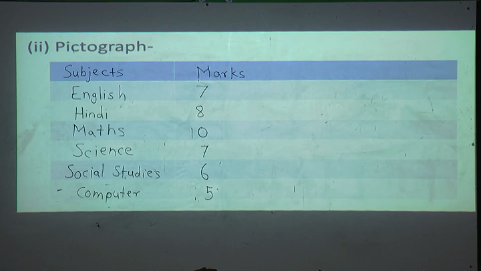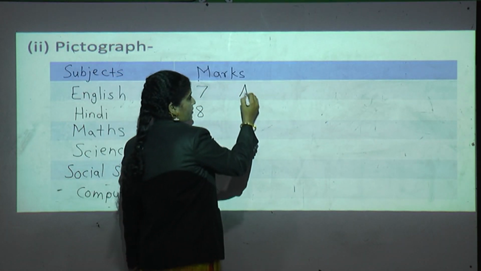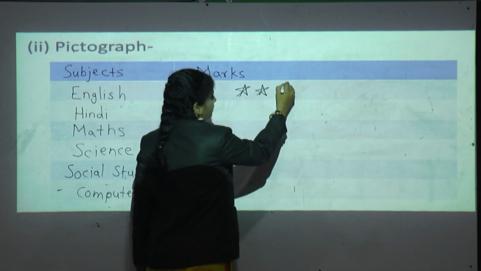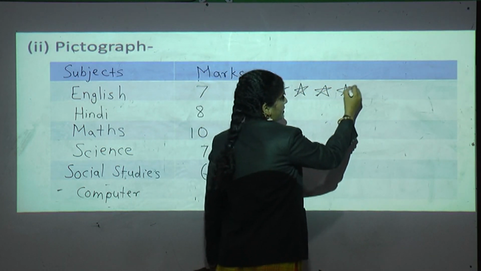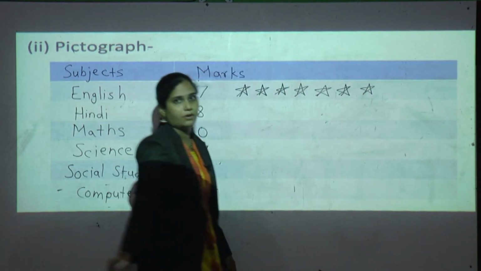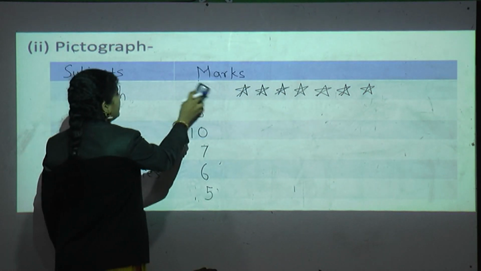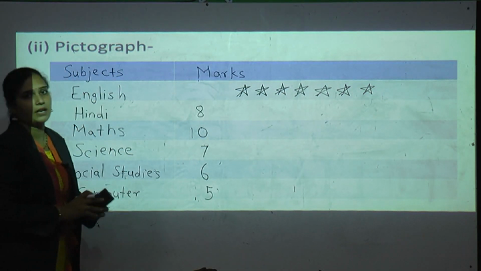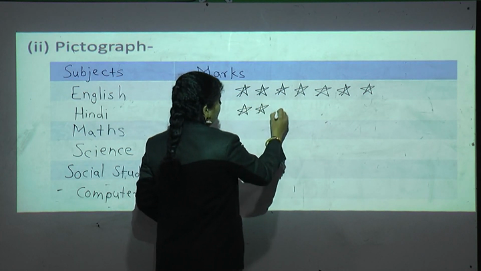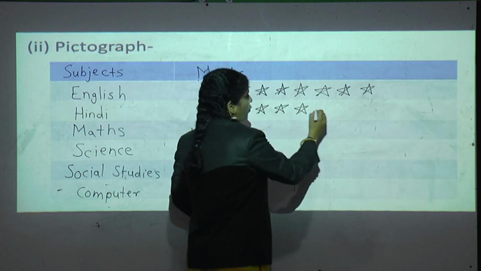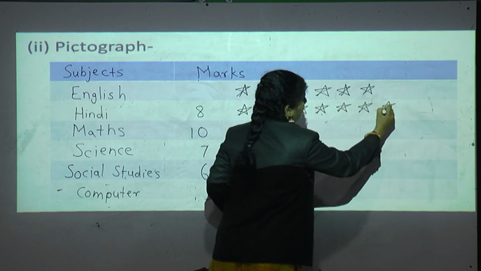Okay, Sumit got 7 marks. For that we can draw 7 stars also. See, 1, 2, 3, 4, 5, 6, 7. Okay, and here in Hindi he got 8 marks. So we can draw 8 stars. 1, 2, 3, 4, 5, 6, 7, 8.